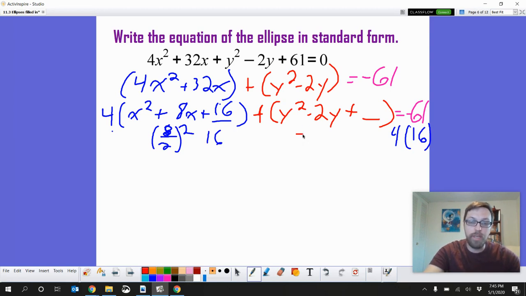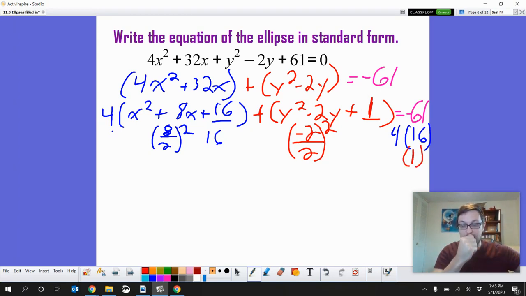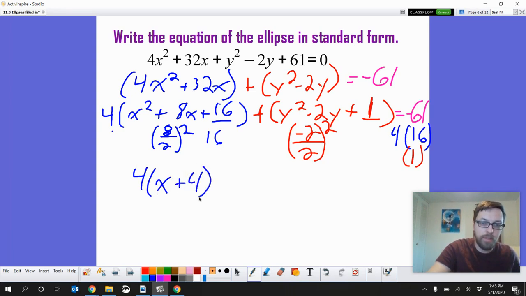Same thing over here. We got to do negative 2 over 2. Our b over 2, we're going to square that. So that is negative 1 squared, which is 1. Now, that 1 is just a 1. There's nothing in front of that parenthesis, so we don't need to multiply that by something. So now that we're all set to write this thing out, we write our little pairs.